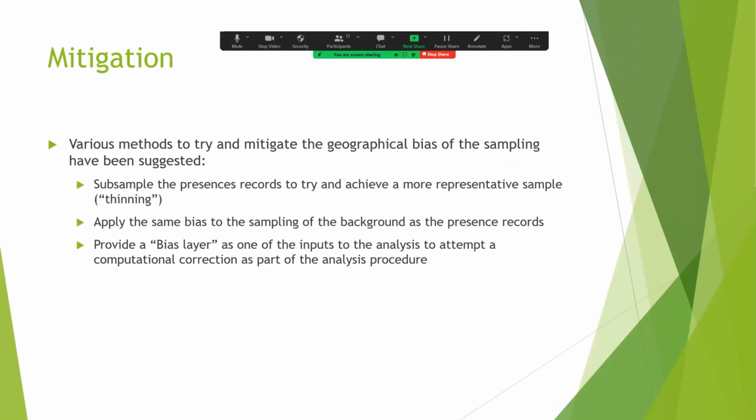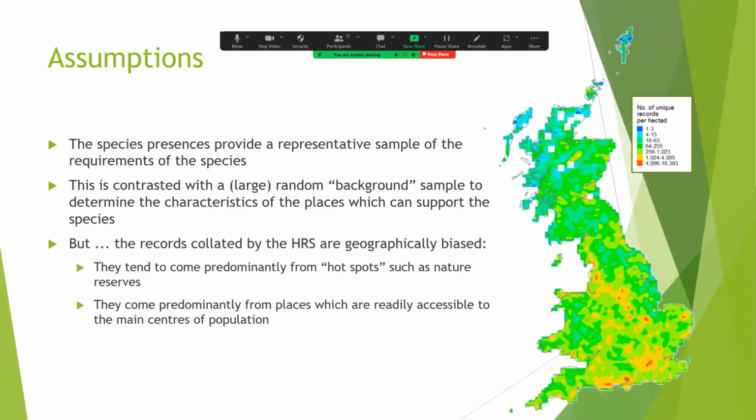If we just go back to that a second, the problem arises if we now take our random sample of background. We're going to sample this area, which is really poorly sampled for hoverflies, as much as we're going to sample this area, which is really well sampled for hoverflies.